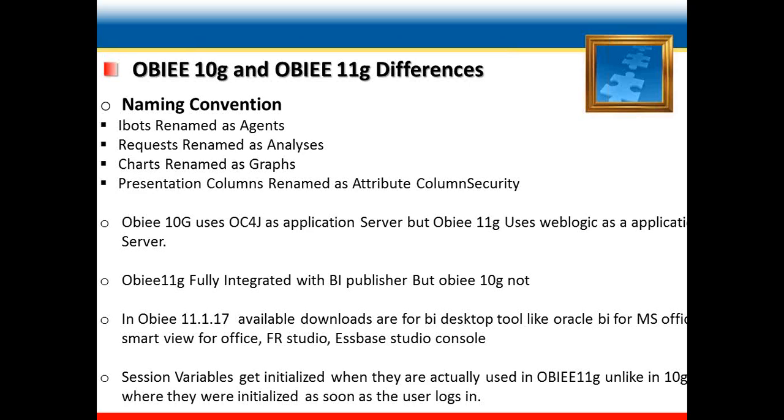Then charts in 10G are now renamed as graphs in 11G, and presentation catalogs in 10G are now renamed as attribute column security in 11G. In such a way, the naming conventions have changed in 11G.